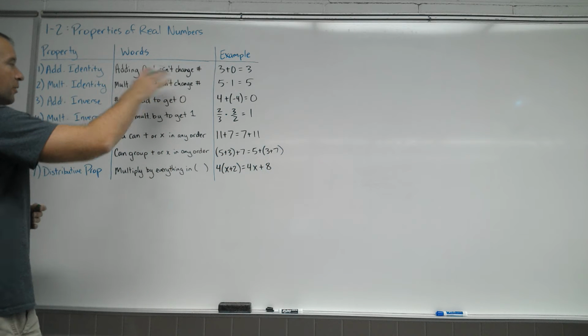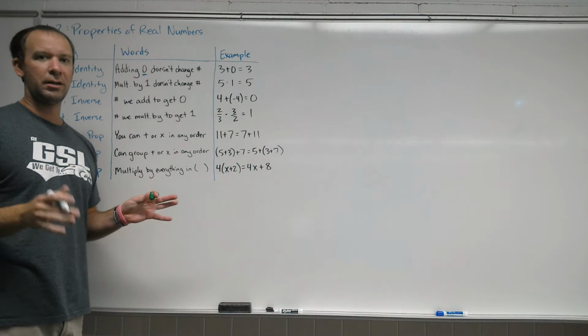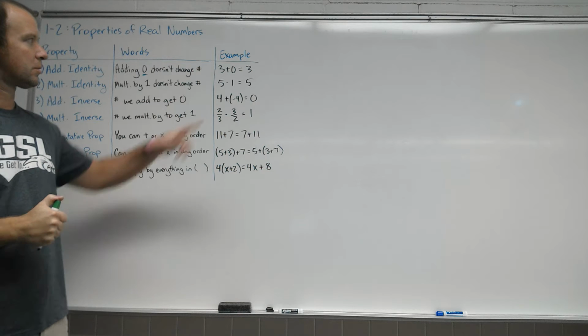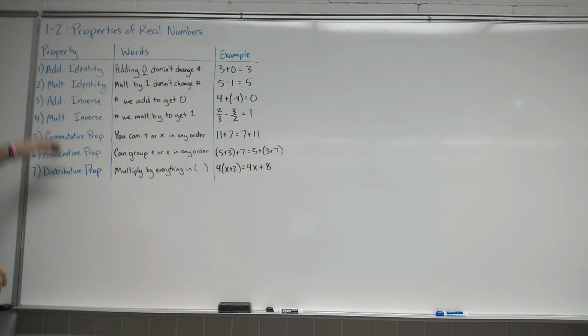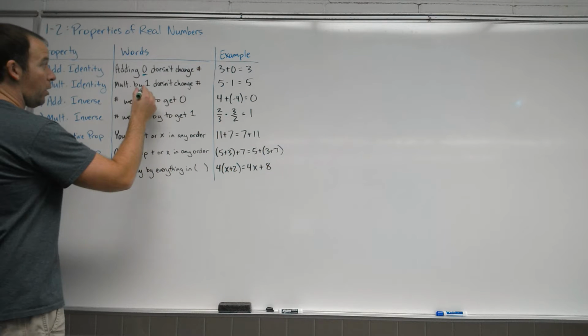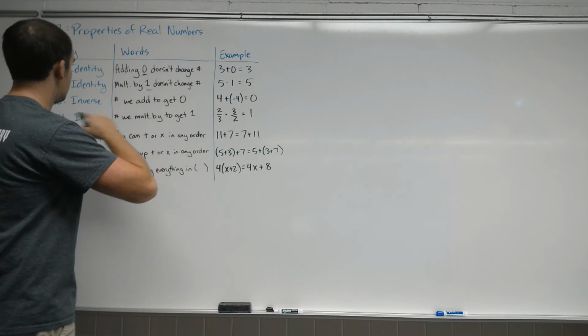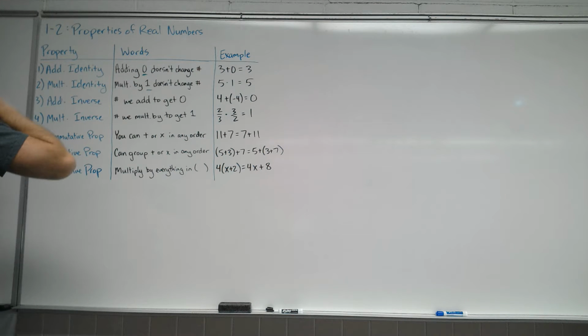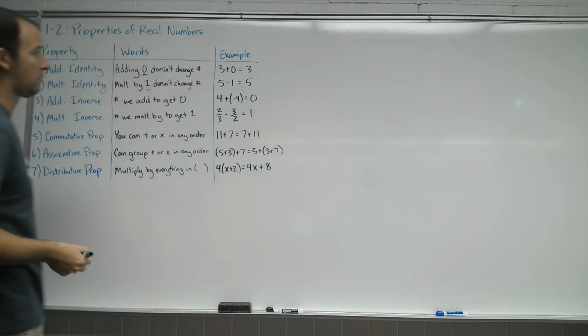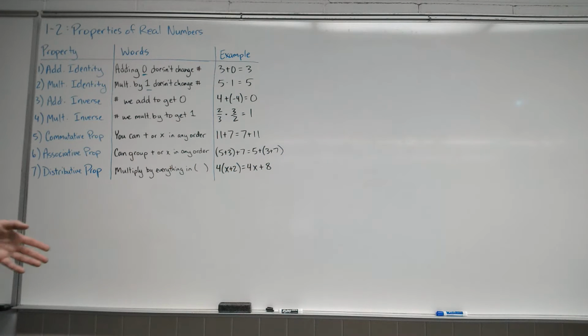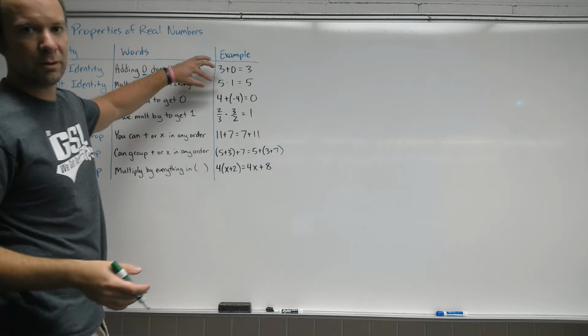I can add 0 as many times as I want to something, and the number's not going to change at all. Like if I do 3 plus 0, I still have 3. The multiplicative identity says that multiplying by 1 doesn't change the number. So the multiplicative identity is the number 1, because if I do 5 times 1, I still have 5. So an identity leaves a number alone. Its examples are pretty boring.